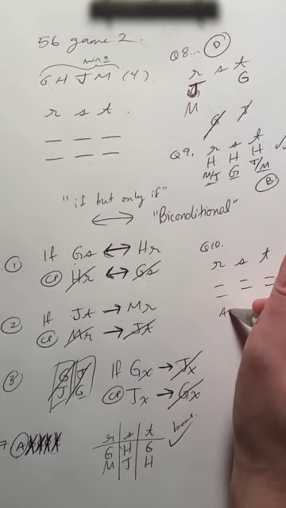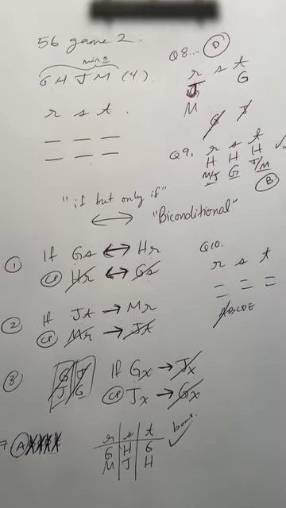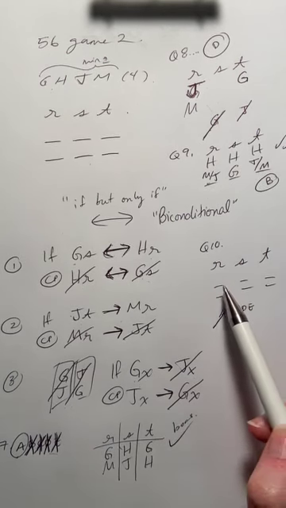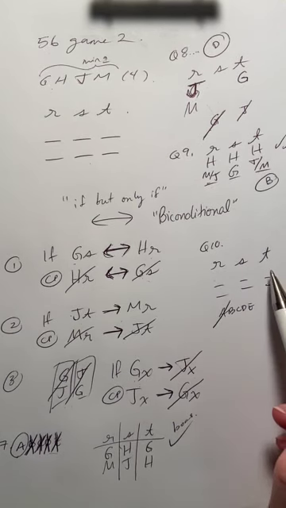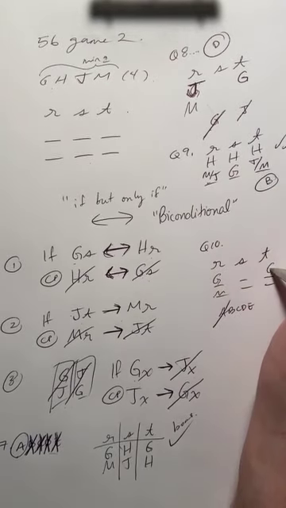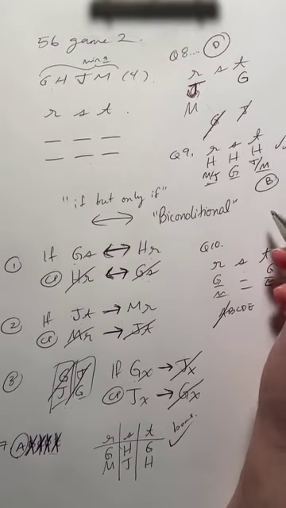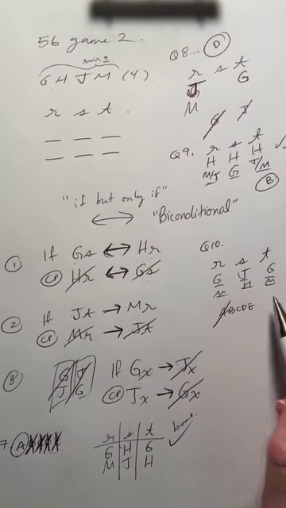So let's look at our answer choices here. A, definitely not, right? Because Grace and Josh can't ever be together. Could we have G and M and G and M? So it would be GM, GM, and then we'd have J and H here.